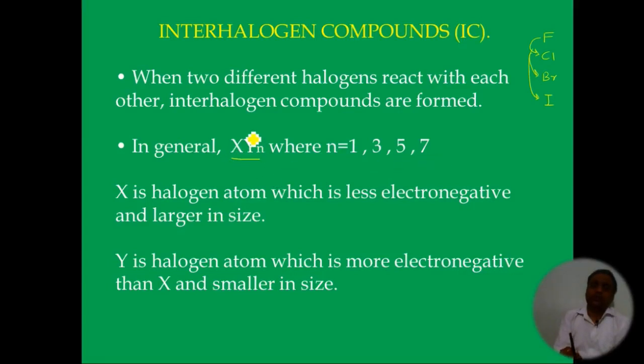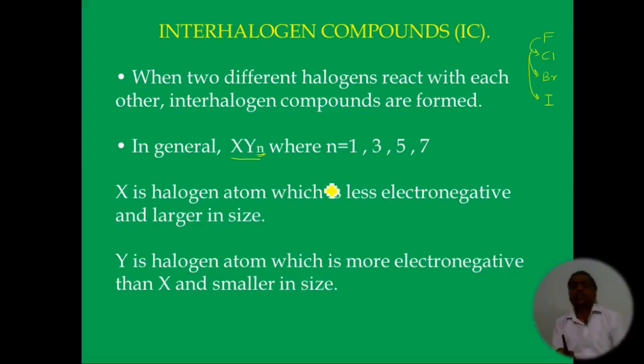Here X is the halogen with less electronegativity and greater atomic size or larger size, and Y has more electronegativity and a smaller size, and n shows the number of Y.